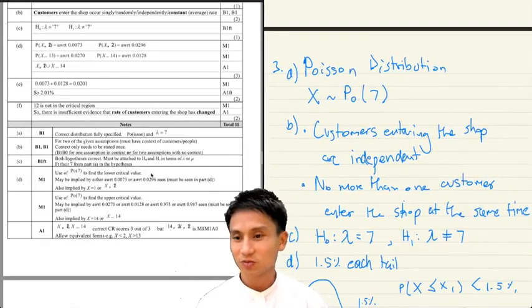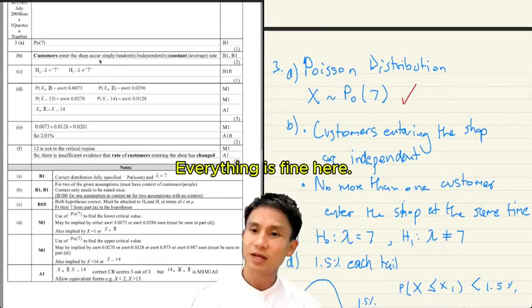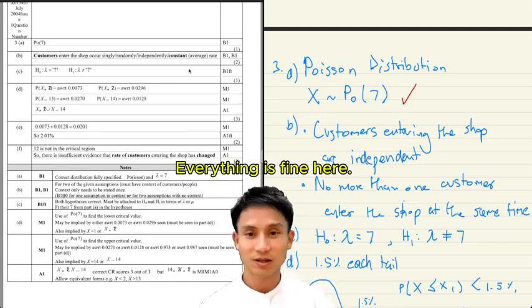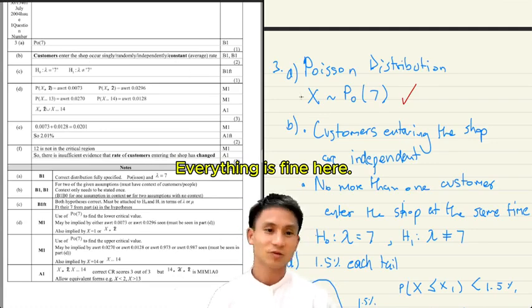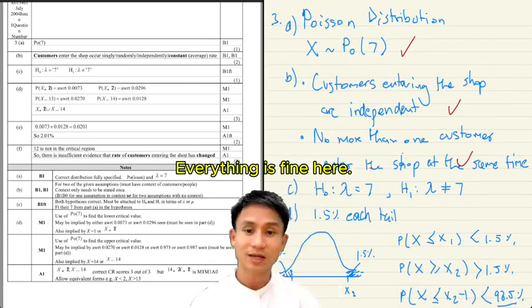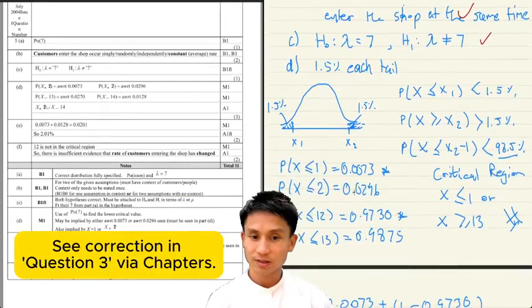Okay, Poisson distribution. This one is, yeah, the tail thing.